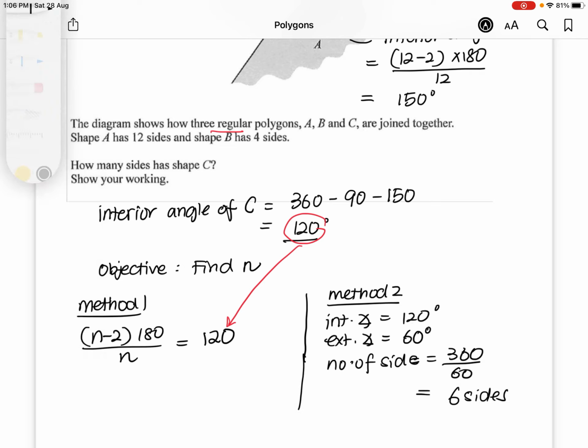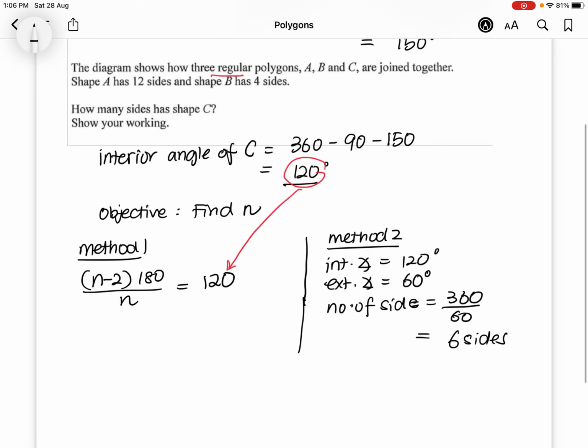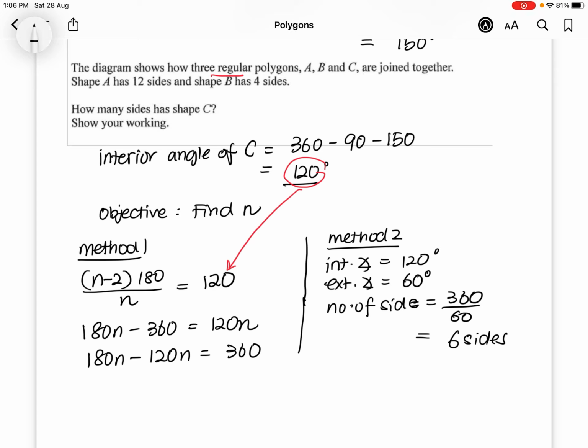Hexagon. Or we can do method 1 where we cross multiply, expand and simplify. Shift the terms around. Solve for the value for n. Right, so both of us will get the answer n equals to 6 sides.